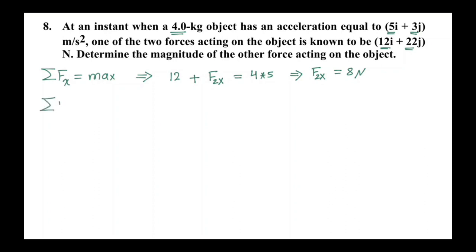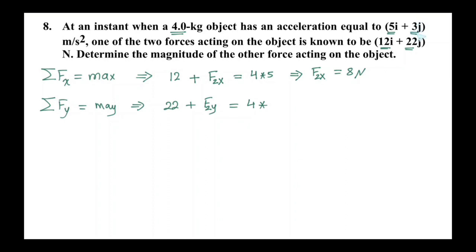Now sum of all forces on Y equal to may. In other words, F1 on Y is equal to 22 plus F2y that we are looking for equal to 4 times 3.